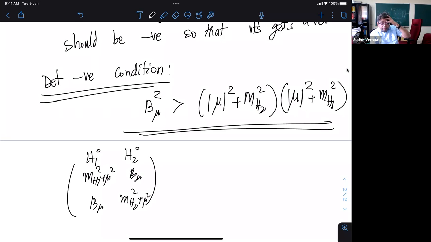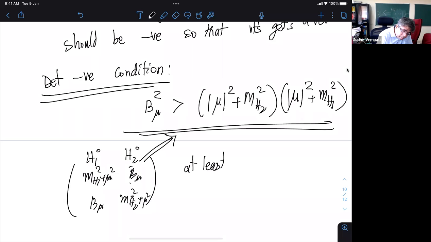So b mu square should be at least greater than the product of these two. That's what you wrote down here. At least one eigenvalue should be negative.